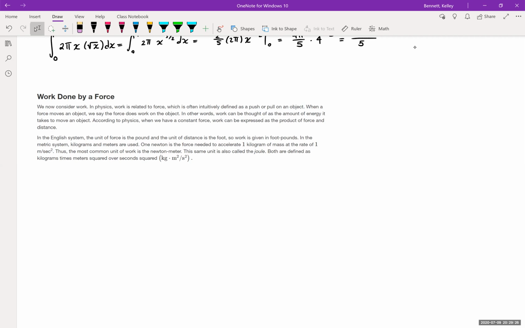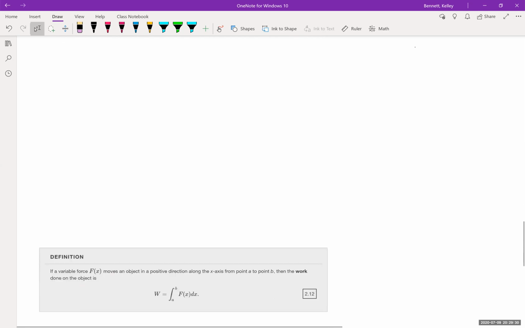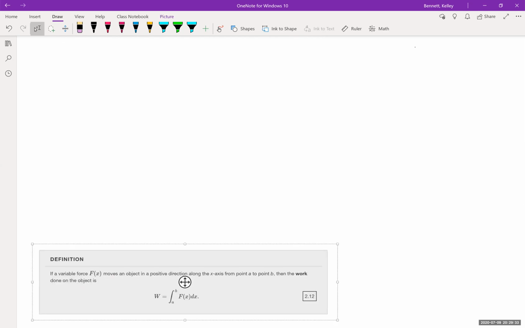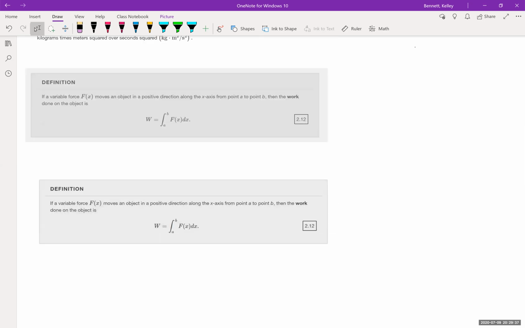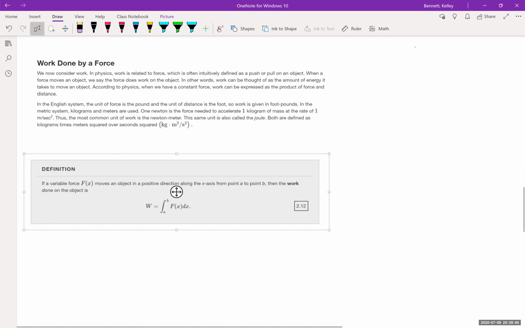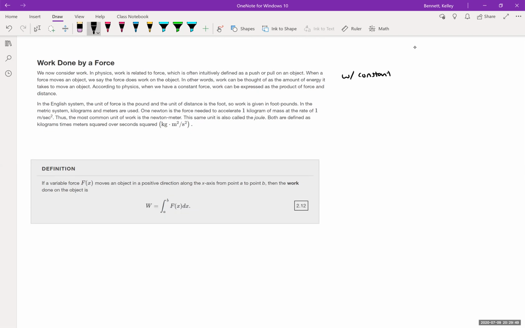We're going to step that up a notch, and we're not going to always assume that force is constant. Just really quickly, with constant force, let's call it F, work would equal F times distance.